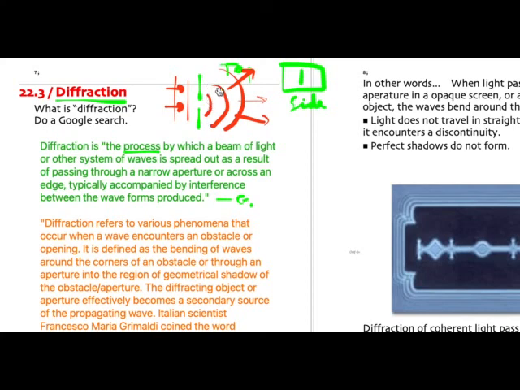That's diffraction. As light goes through an opening or past an edge, it spreads out. And that's what it says. As a result of passing through an aperture, the waves spread out.